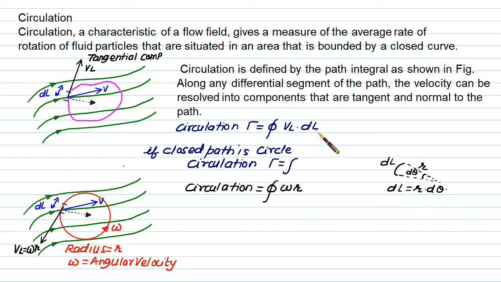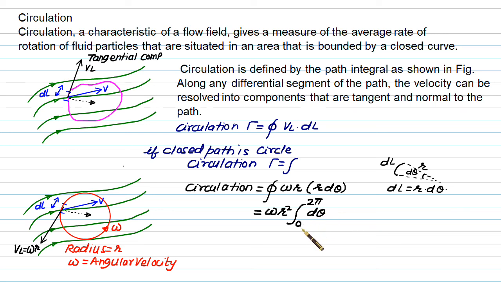Since r is a constant because we have taken a circle of radius r, and omega is a constant, they can be taken outside, so we have omega into r square. The cyclic integral has to be performed from 0 to 2 pi, which means we have completed a cycle, multiplied by d theta.